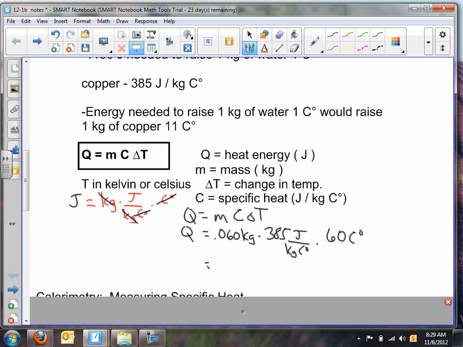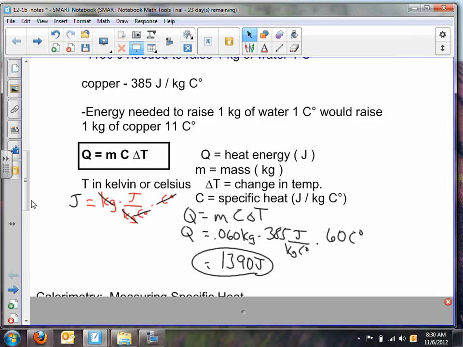So when you multiply that together, 0.060 times 385 times 60, you end up getting 1386, which with 3 significant digits is 1390 joules. The thing students have to be careful of is make sure you keep Q, heat, separate from C, specific heat. That'll be a mistake some students make occasionally.